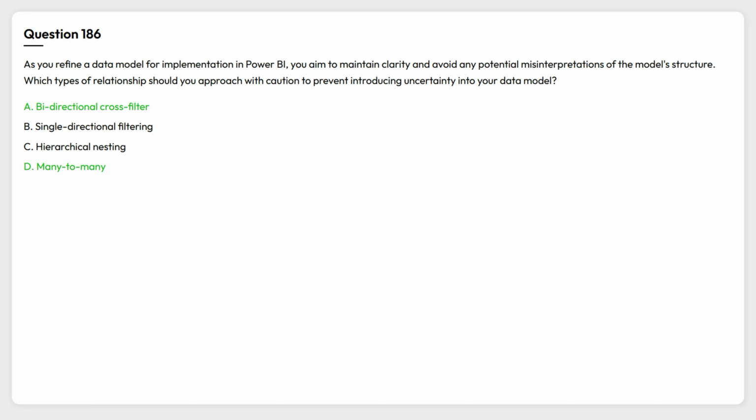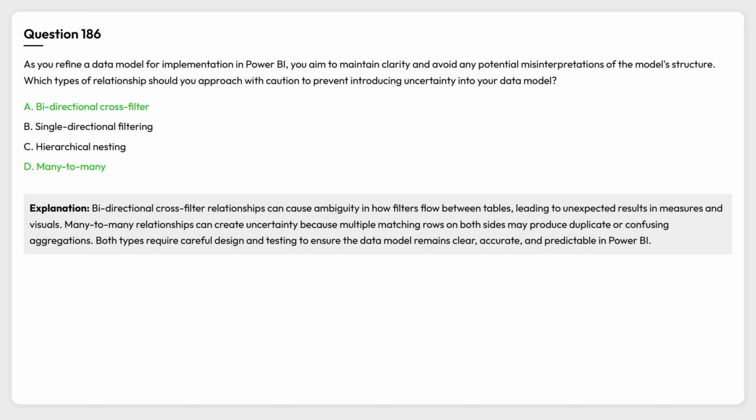The correct answers are option A: bidirectional cross-filter, and option D: many to many. Bidirectional cross-filter relationships can cause ambiguity in how filters flow between tables, leading to unexpected results in measures and visuals.